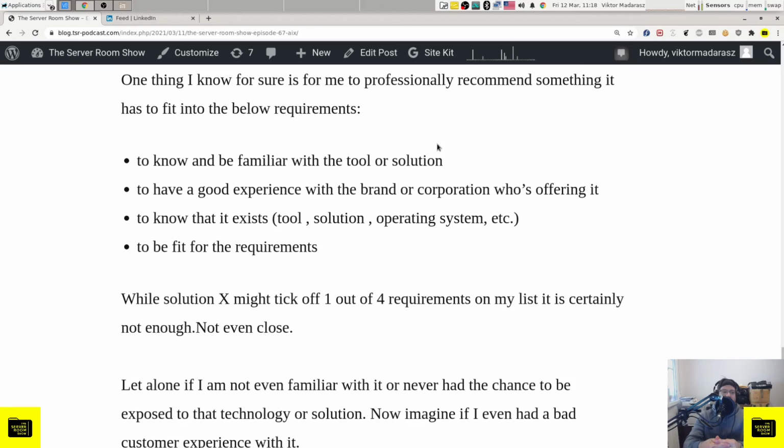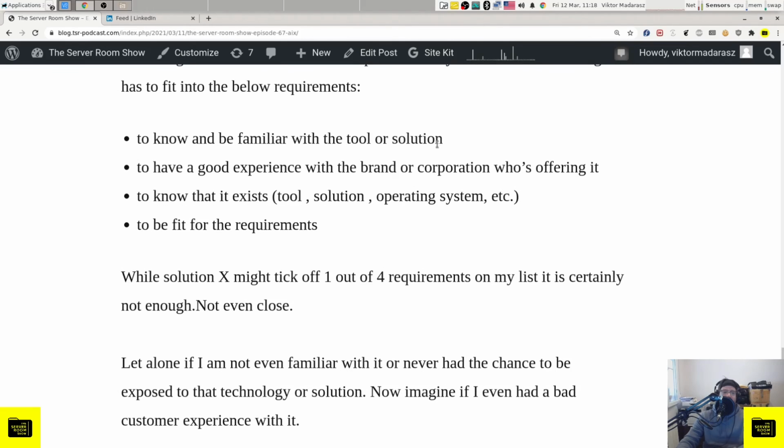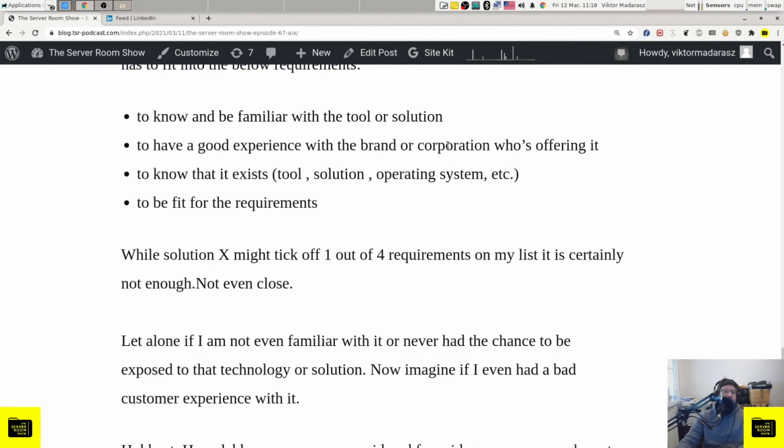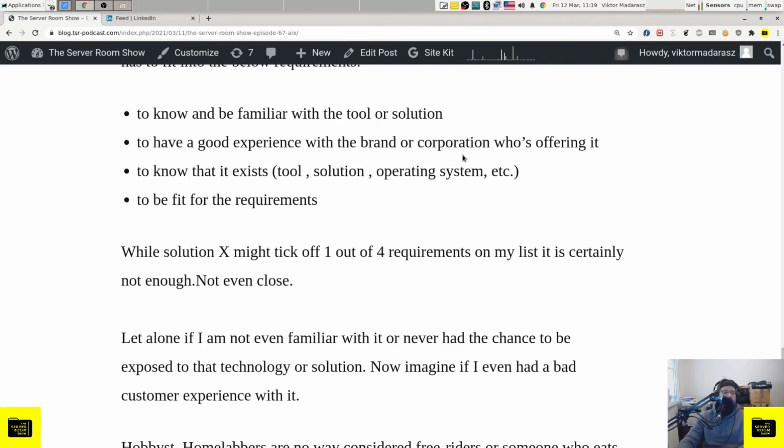I need to know that it exists, this tool, solution, operating system or platform, because if I don't, we are not even talking or thinking about it. And of course, it has to be fit for whatever requirements the business or my client has.